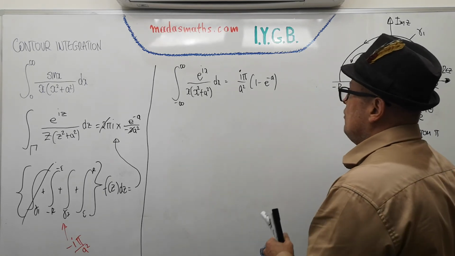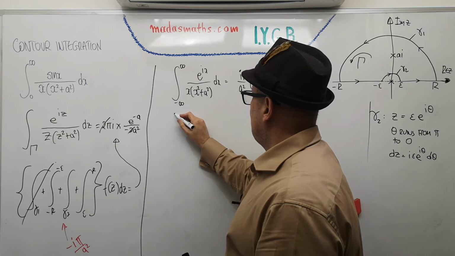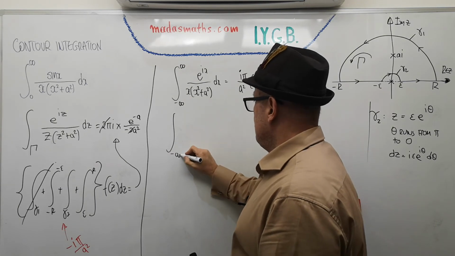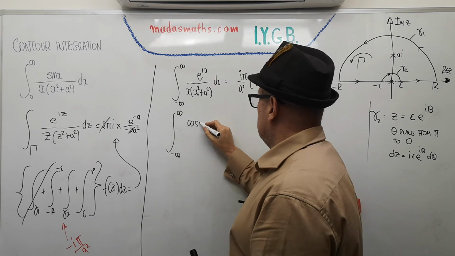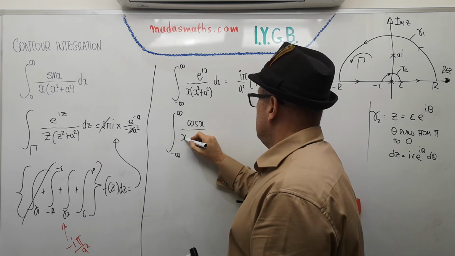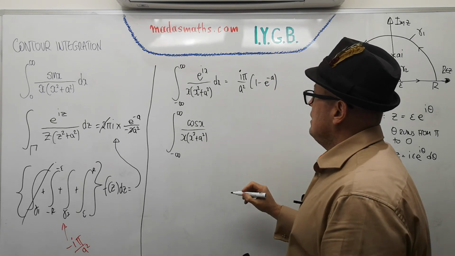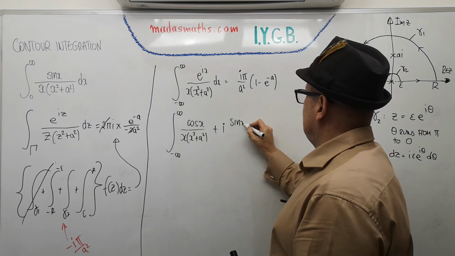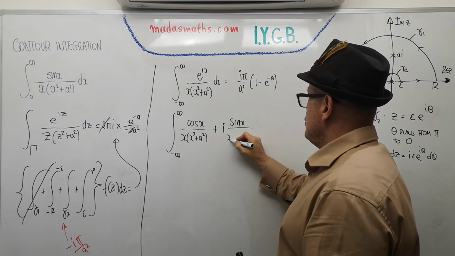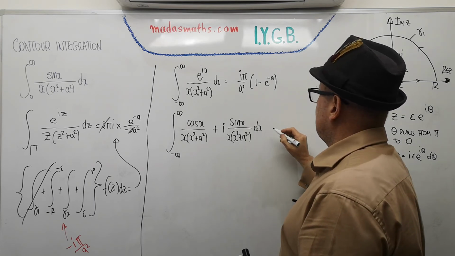We have it from 0 to infinity, so of course we're going to get an odd and an even part. So if we write it minus infinity to infinity, that's of course the cos x over x squared plus a squared plus i sine x over x squared plus a squared dx.